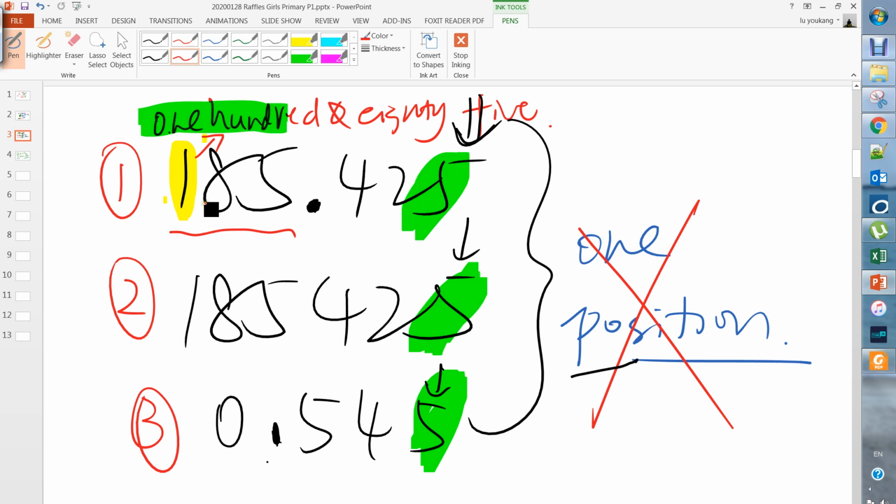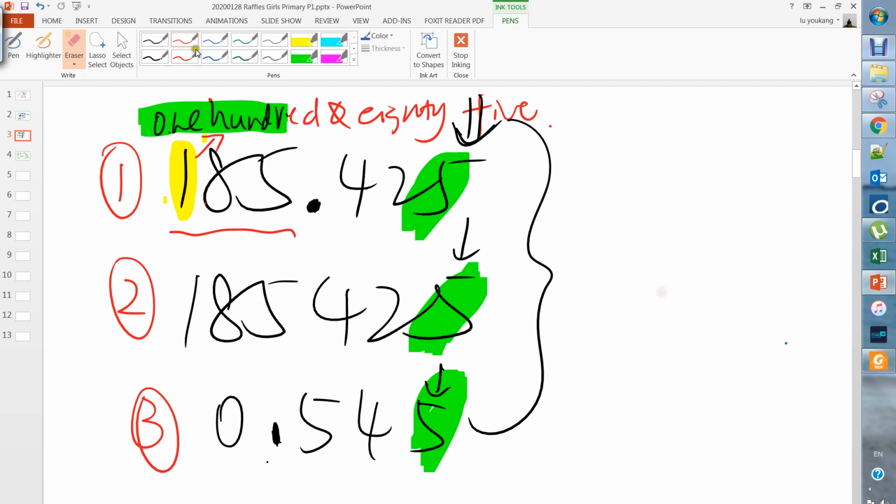Now you know already. The 1 is 100. Then which one is the 1? You cannot remember the whole scale. Can you remember the whole scale? You know what I'm talking about?